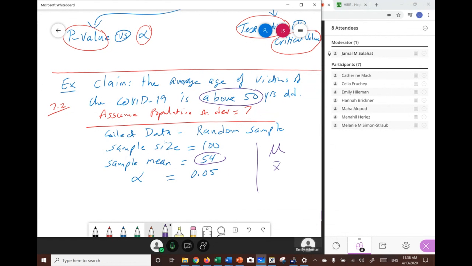Now notice that your sample gave you 54. It is possible that Steve will go and do a survey and get 48. It's possible that Mary will go and get 65. So we know from sample to sample, results may vary. So you cannot really respond to a claim about all by just using a sample. By looking at the result of the sample, you have to put this through a process.